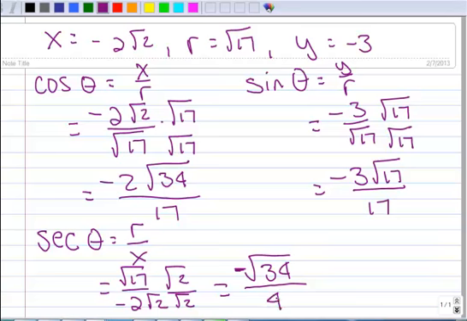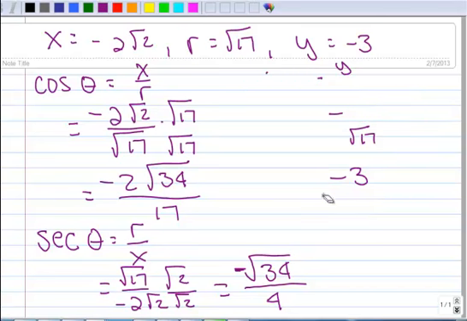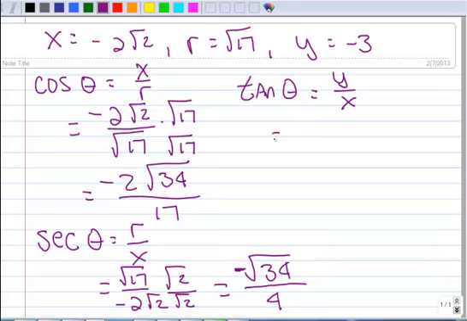Okay? And then we need tangent and cotangent. Alright, so tangent of theta, and that's y over x. So I have negative 3 over negative 2 times the square root of 2.